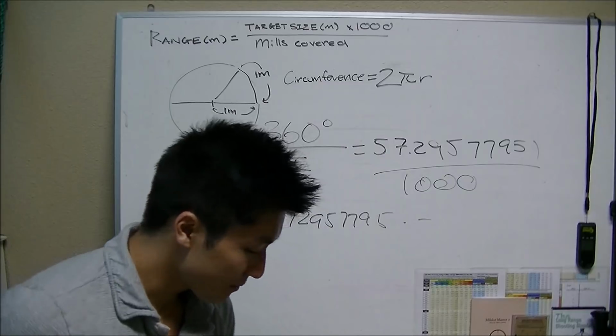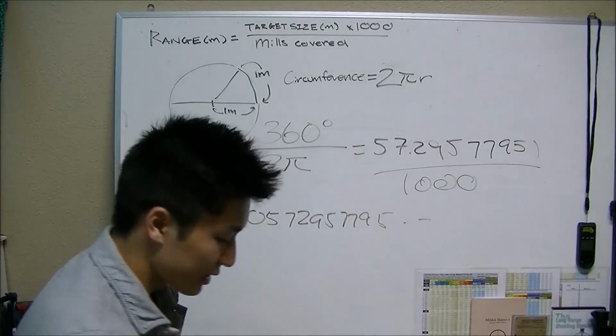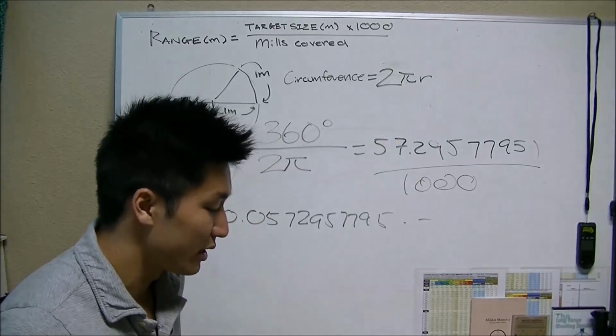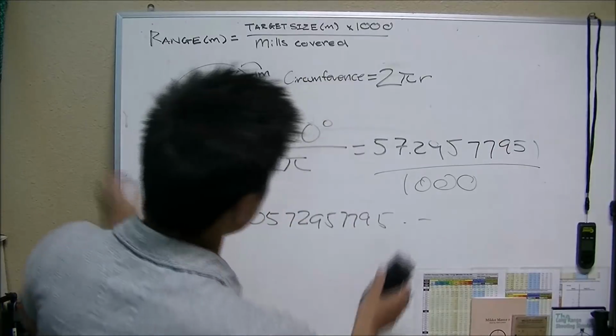Anyway, so moving on, because a mil is such a small degree, we could use trigonometric approximation to find out what a mil is at a certain distance. So let me erase this.